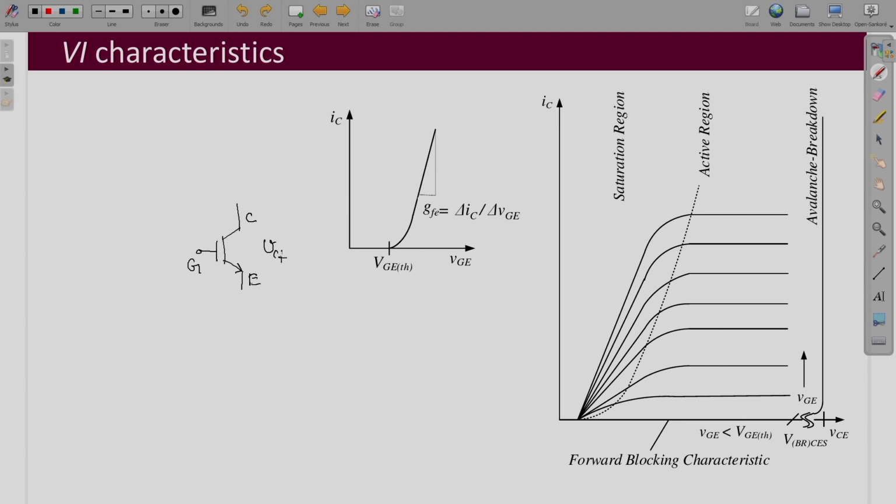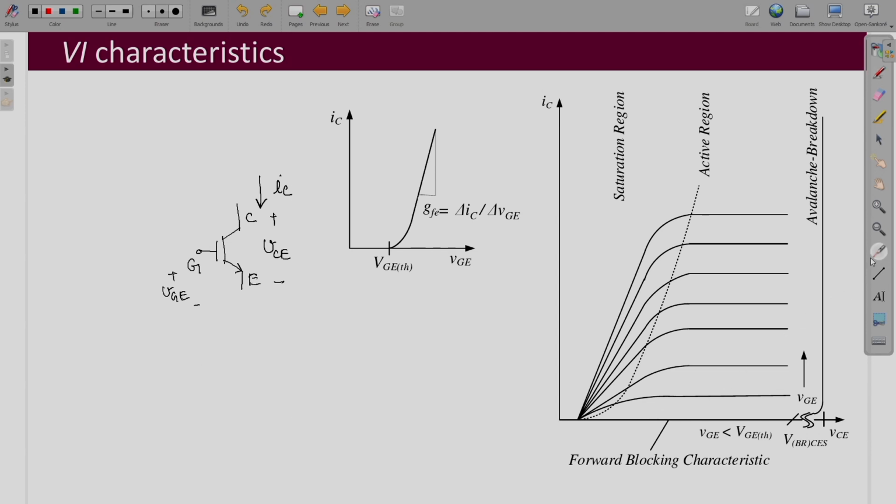So, this is your collector to emitter voltage, and here this is your gate to emitter voltage, which we can apply, and this is the current that flows through, the collector current IC.